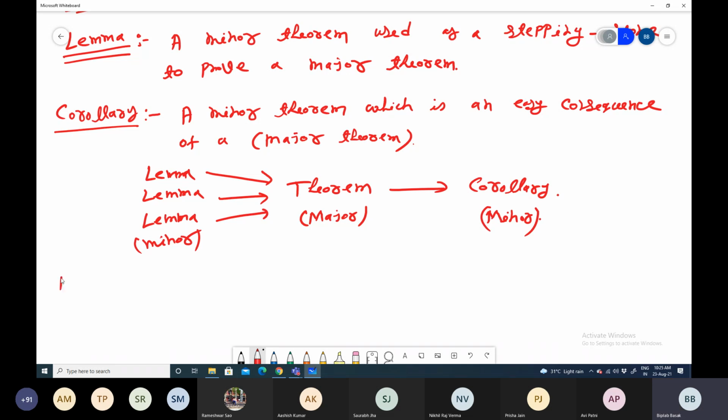And what are axioms? So I told it last time in the previous lecture when I talked about the well ordering principle, right? So this is actually an assumption. Okay, and in most cases it is unproved.